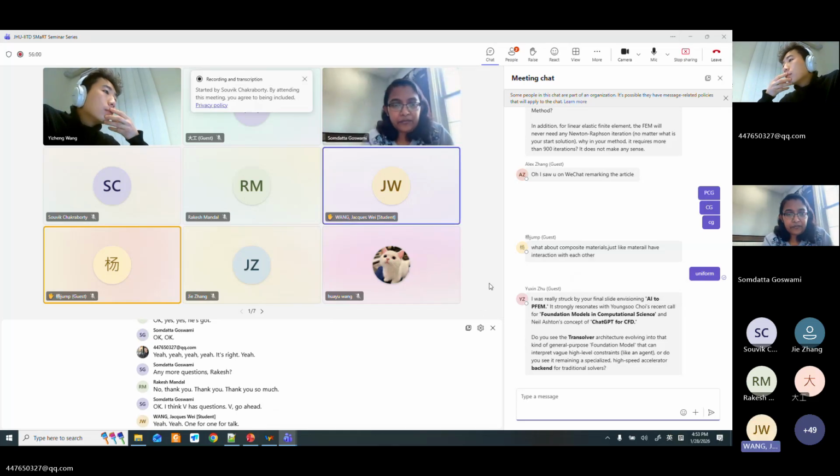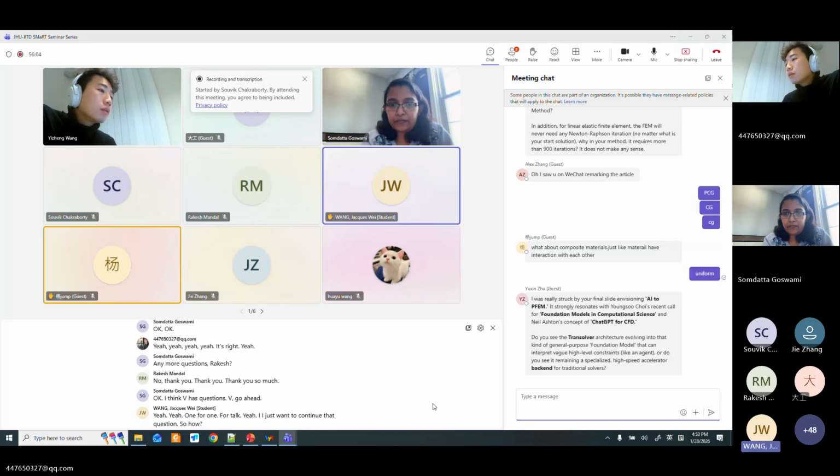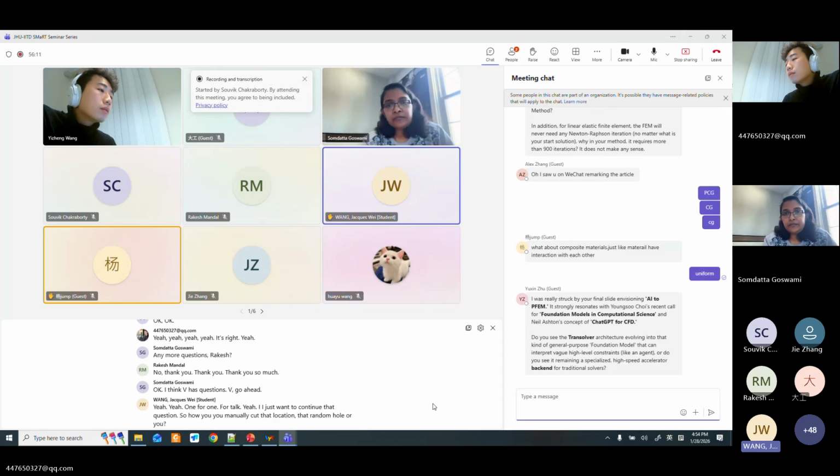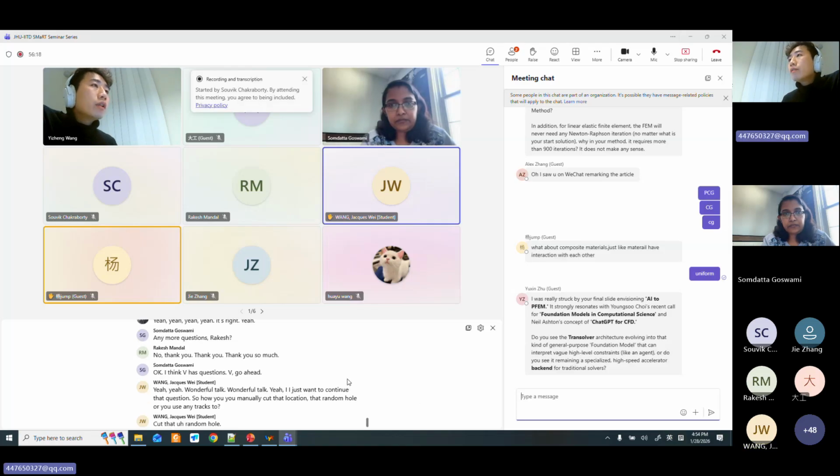I just want to continue that question. How do you manually cut that random hole? The random hole is from a Gaussian random field.